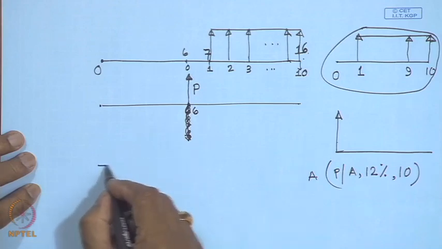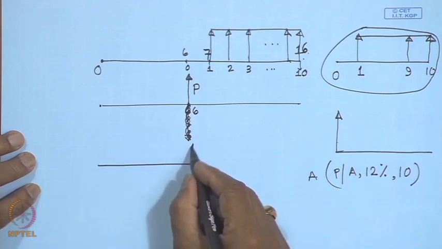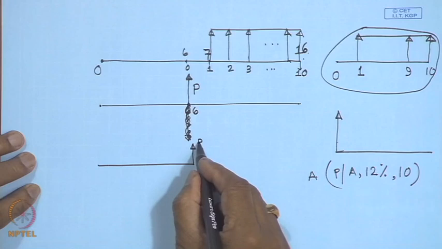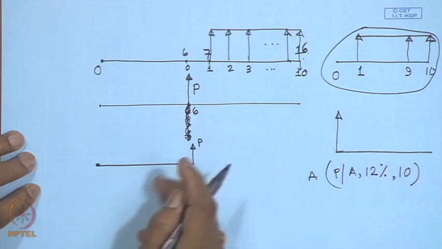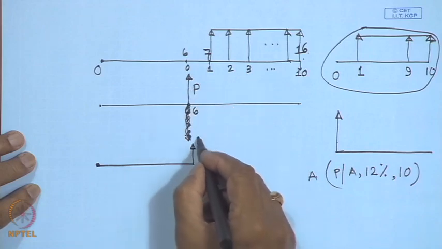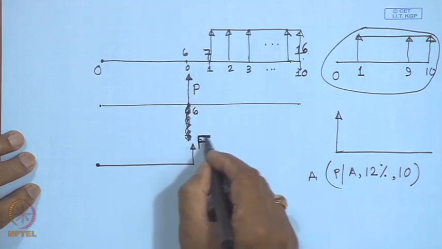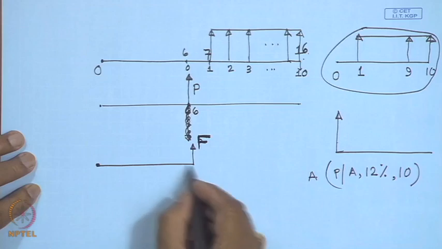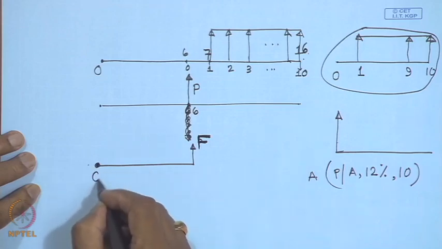So, now we have a situation where whatever was P here now becomes an F here, the final sum, and we try to find out the present worth at this point of time.